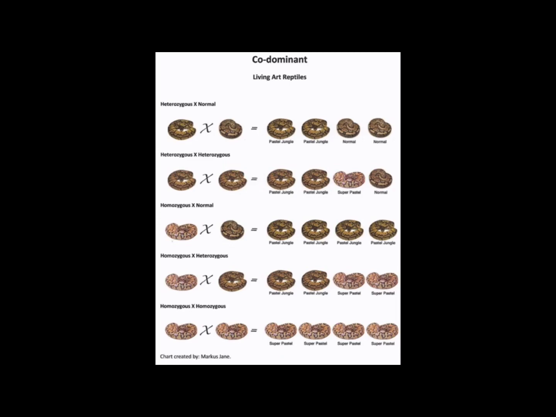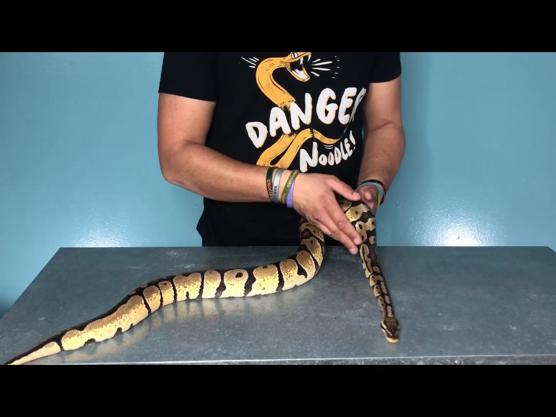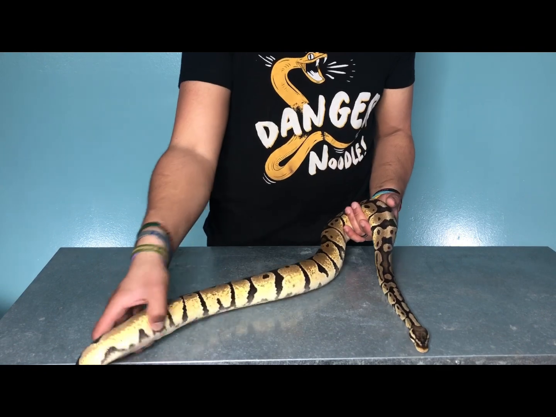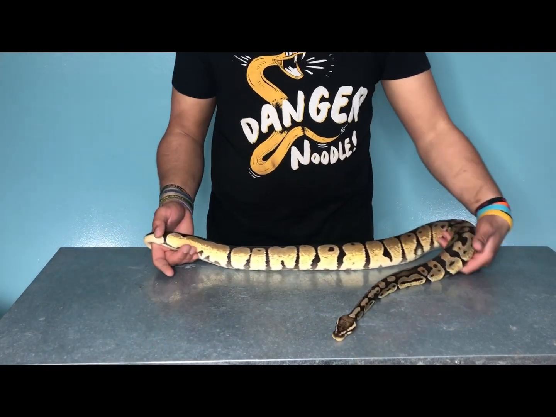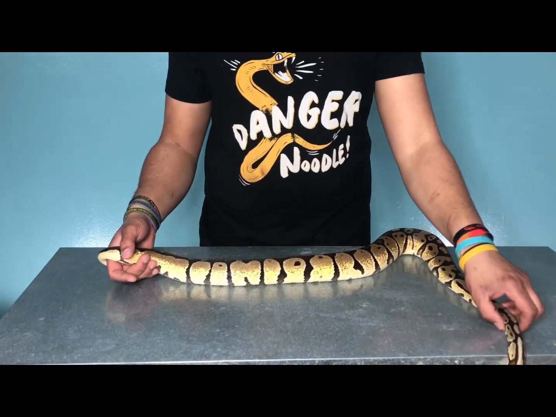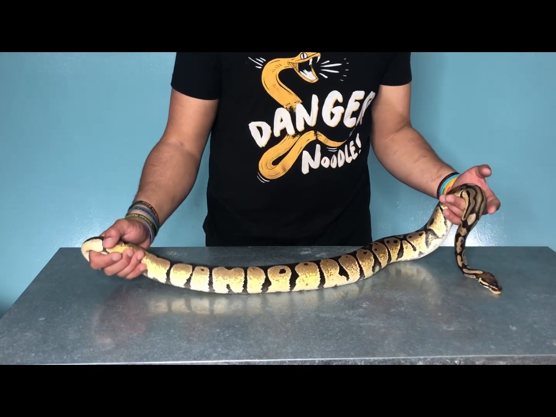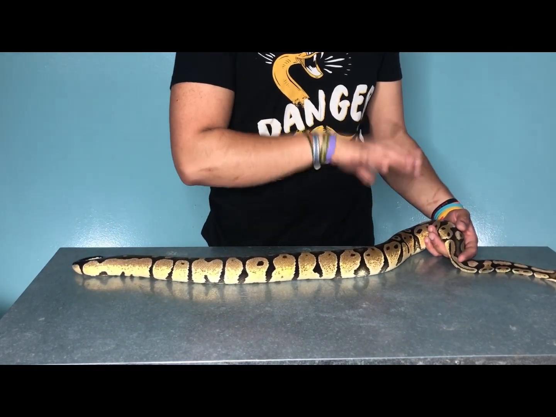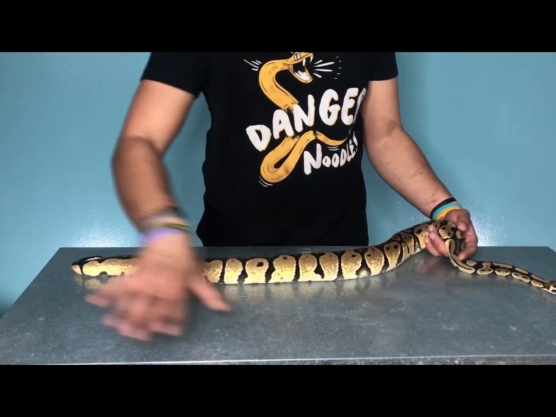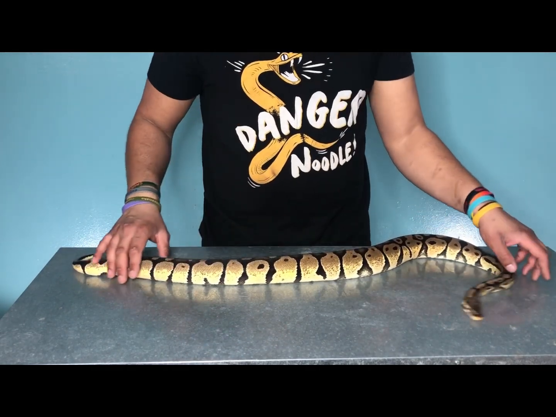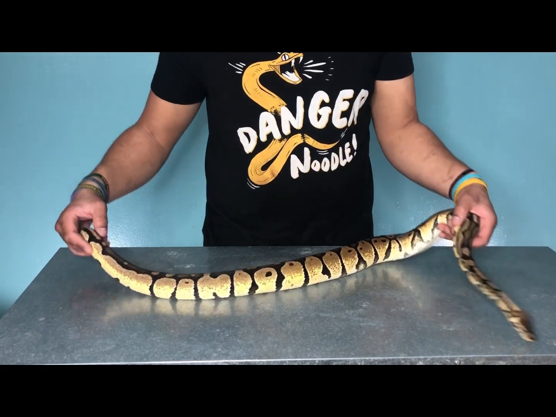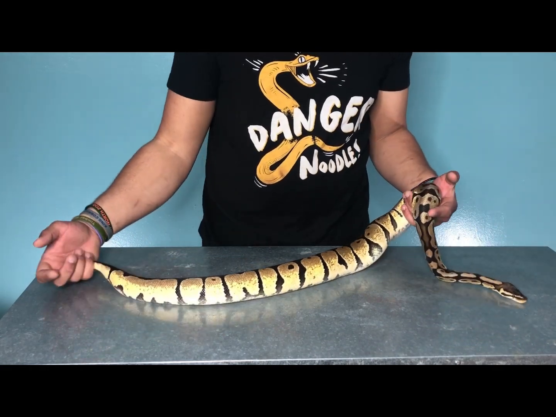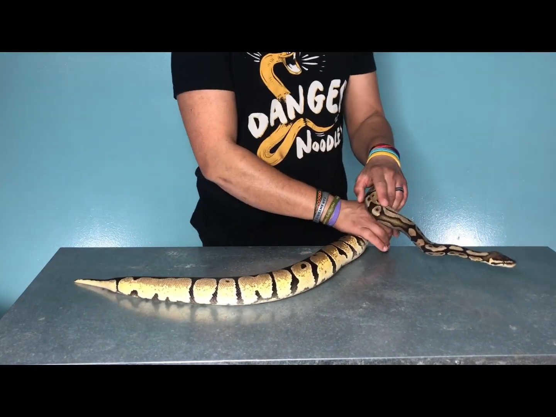But why it's truly called an incomplete dominant is that this is actually its heterozygous visual form. I know I'm throwing a lot of terms out there right now, but heterozygous means that it's still not in its complete homozygous, which means completely visible, form. So a pastel is technically the heterozygous form of a super pastel, which we have right here.